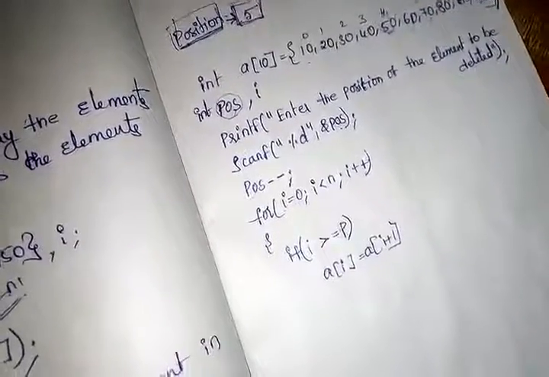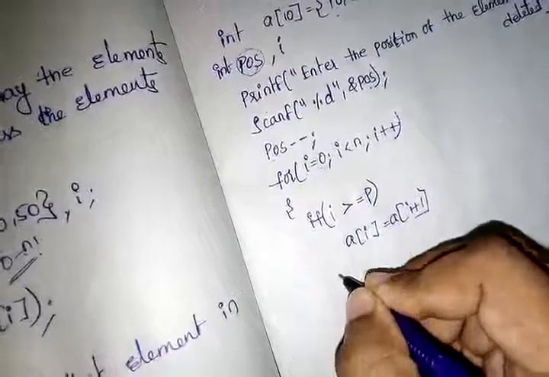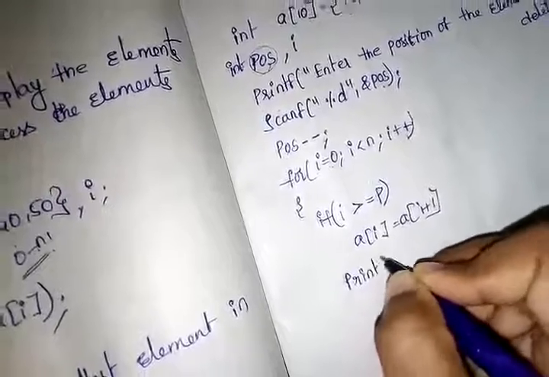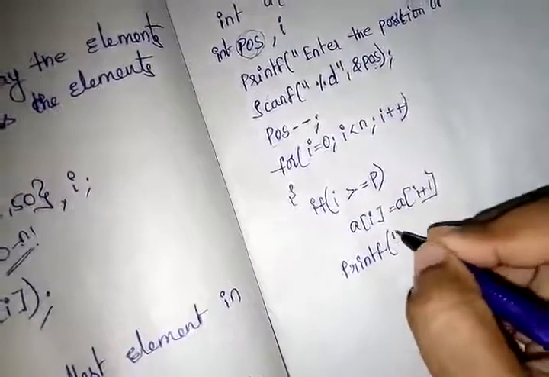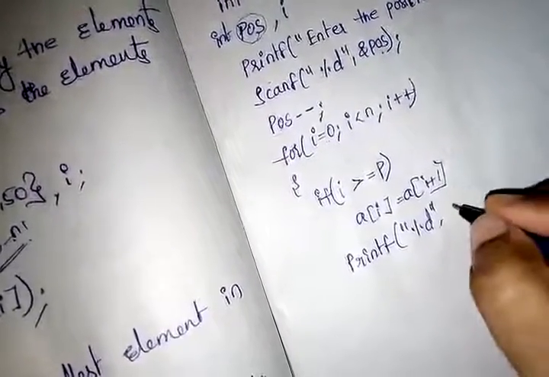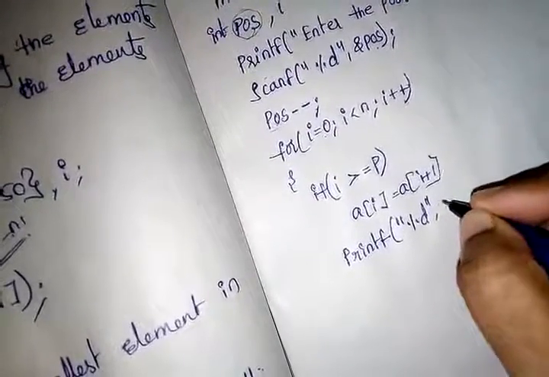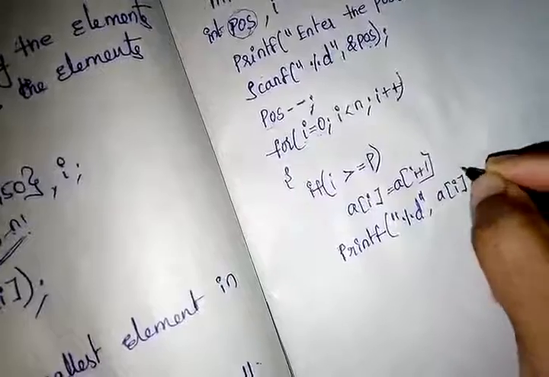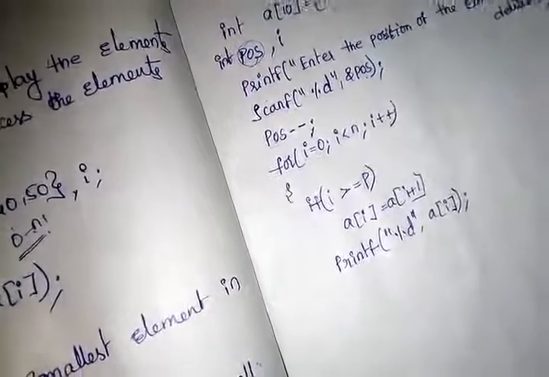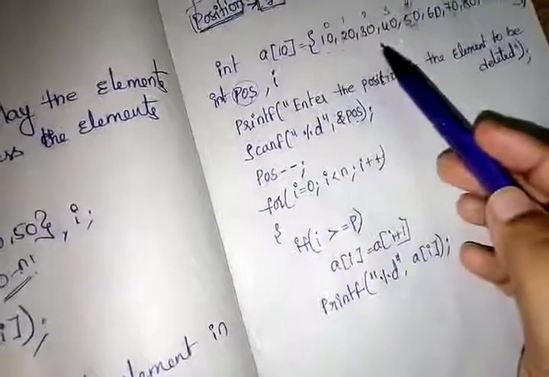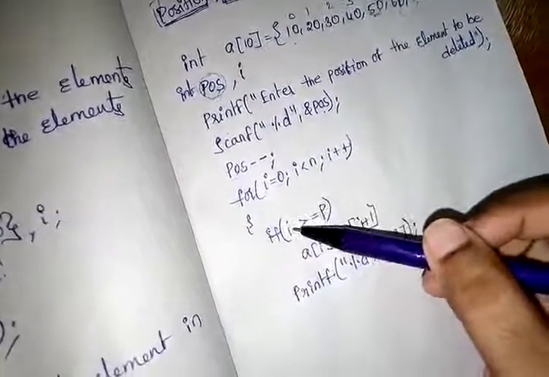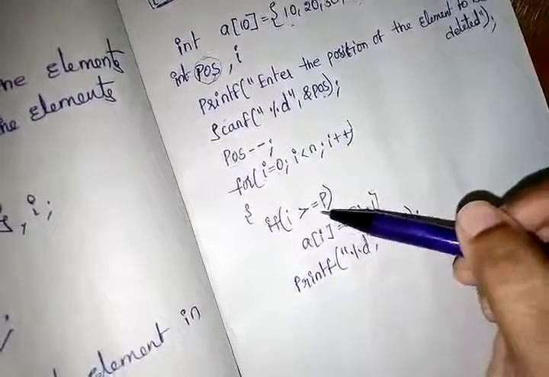So printf %d, comma, a of i. Okay, so now after printing up to index 3, in the next iteration i will be equal to 4, which is equal to the value p.